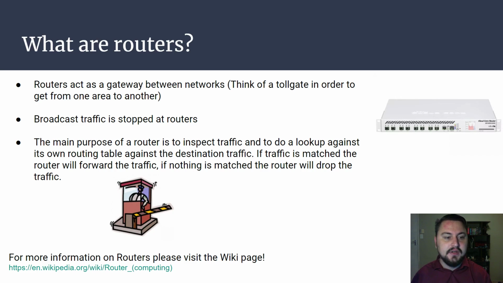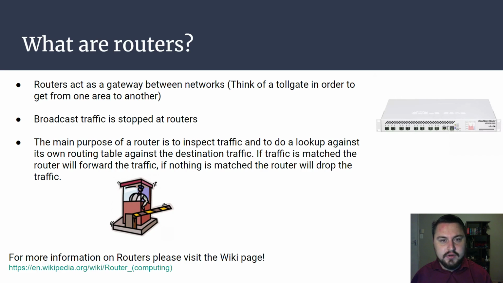Another big part the router plays in the network is that it stops broadcast traffic. You remember when we were discussing switches and layer 2 and ARPs, which is a broadcast message? If you don't, I'll link that video in the description below as well. A router also stops those ARPs, so it doesn't go everywhere.